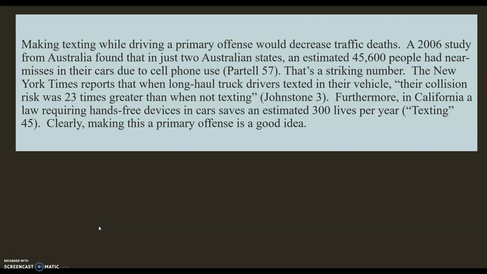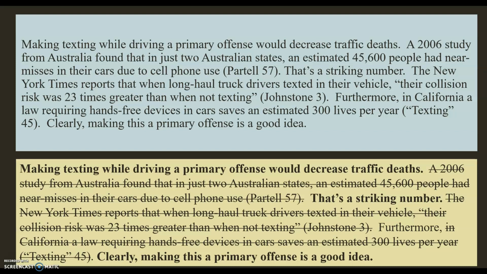So this first example implements those three pieces of evidence, but as we recall in class, these pieces of evidence really just kind of are standalone. The only points of commentary are very, very minimal, as you can see in this next example where all the pieces of evidence are crossed out.